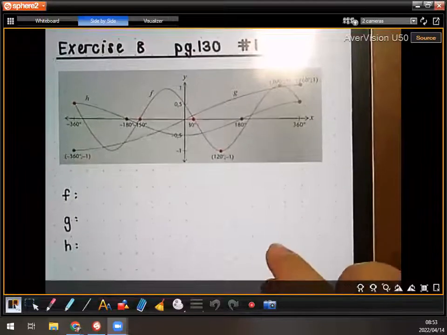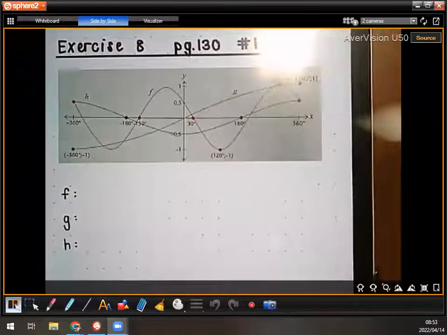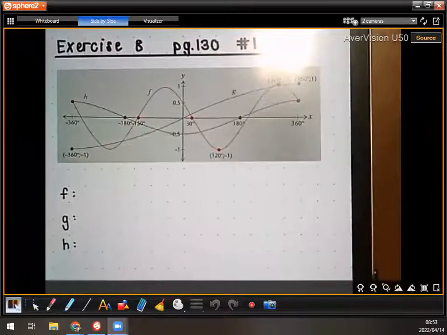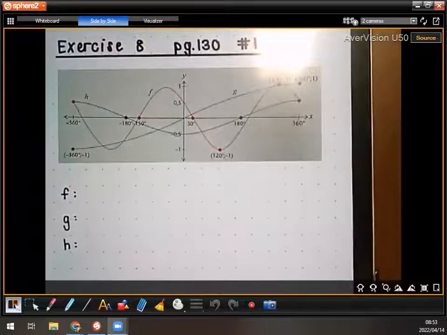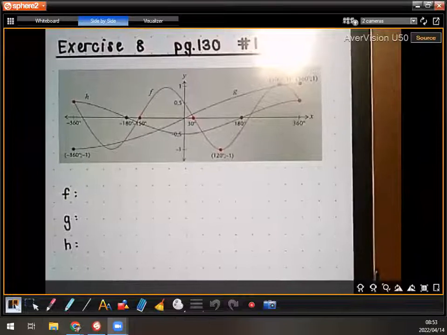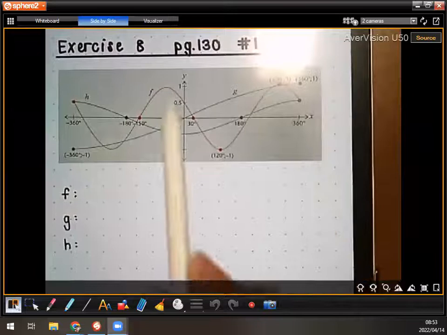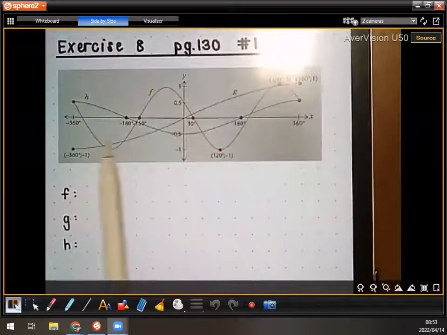So if we're looking at F, now guys, the thing with sine and cos graphs is often a graph can either be a sine graph or actually a cos graph as well. And you can almost decide, does it look like a sine graph to you? Does it look like a cos graph to you? So if we're looking at F, what we're going to try and do is see where is the starting point.